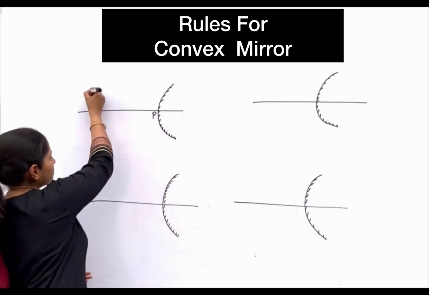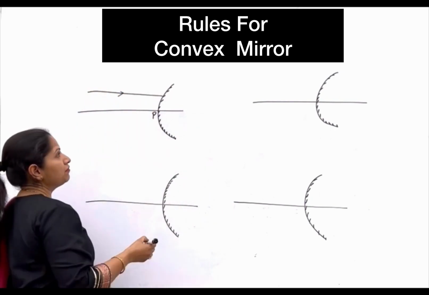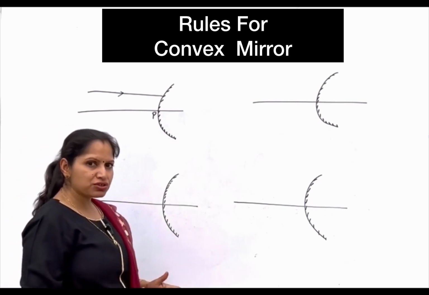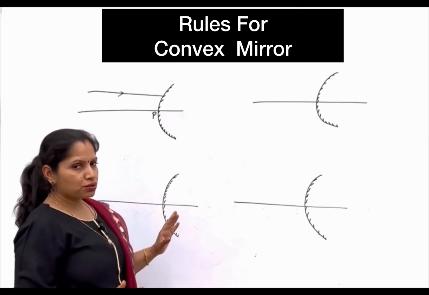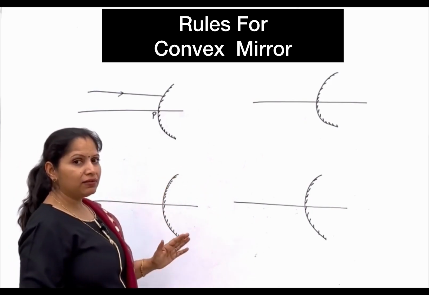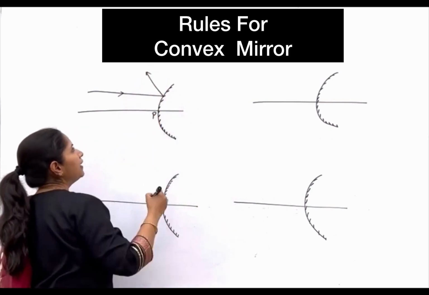Now, if a ray of light is coming parallel to the principal axis, I have shown you in the activity also that a convex mirror is a diverging mirror. So, when parallel light rays fall on a convex mirror, they will diverge off.